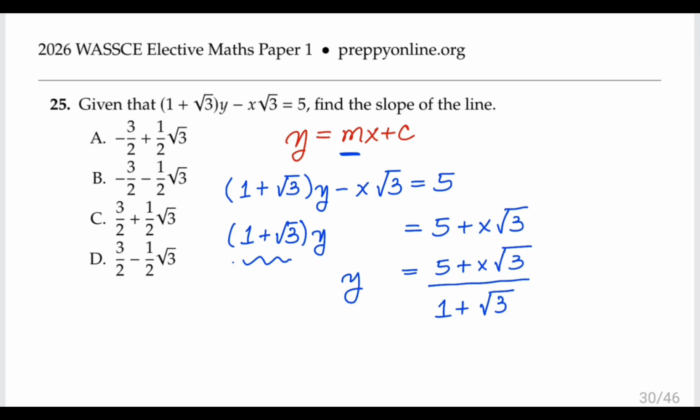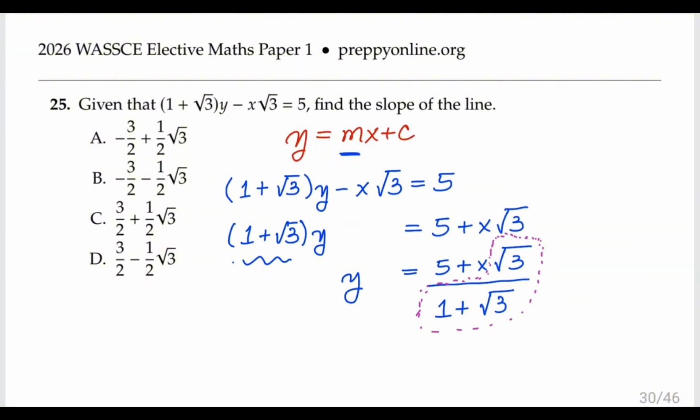All right. Now, at this stage, we really do know the coefficient of x. The coefficient of x is going to be this quantity. It's going to be this square root of 3 over 1 plus the square root of 3. So if this were one of the options, we could have stopped here. But unfortunately, they didn't give us that as one of the options.